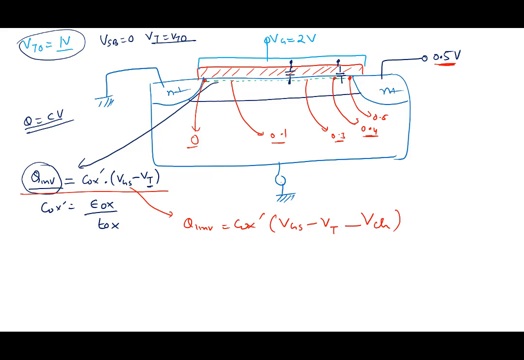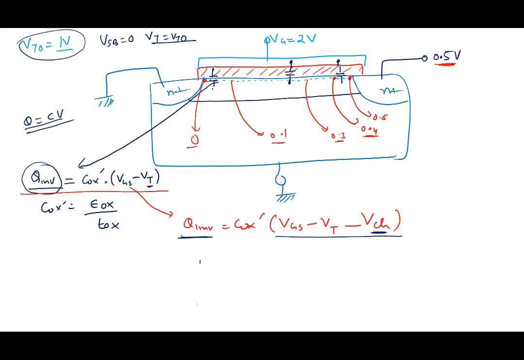So the voltage across this is VGS minus the channel voltage. Because the channel voltage is 0.5 here and 0 here, Q inversion is given by Cox VGS minus VT minus V channel. So the amount of inversion charge is decreasing.